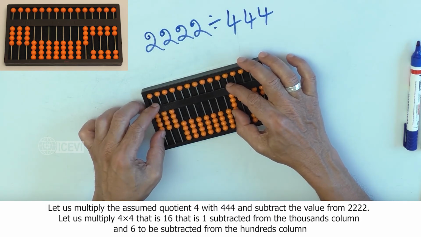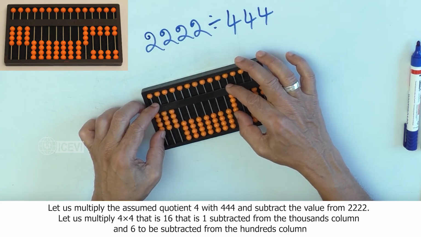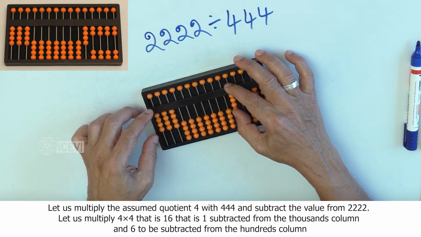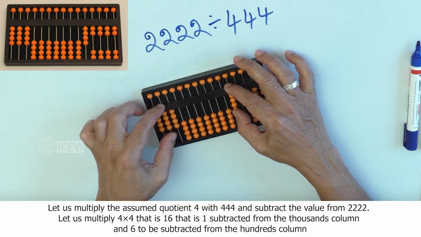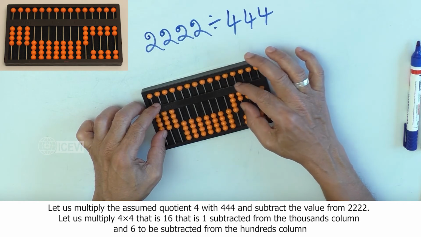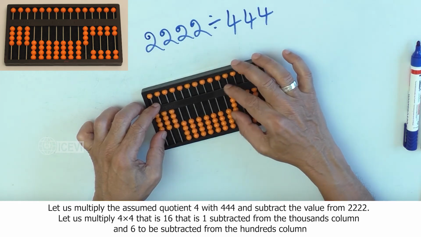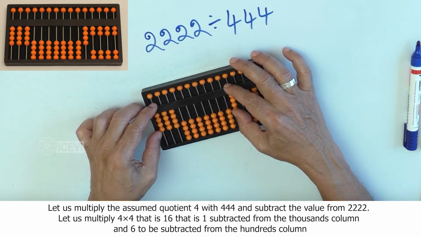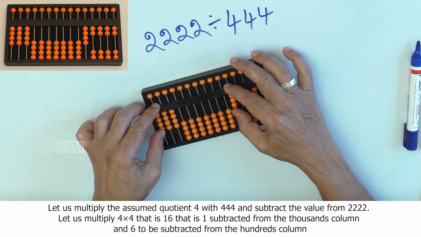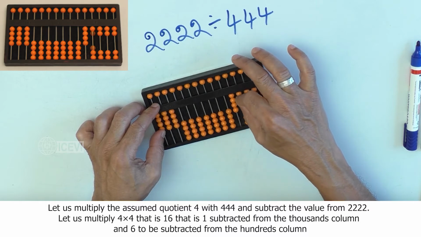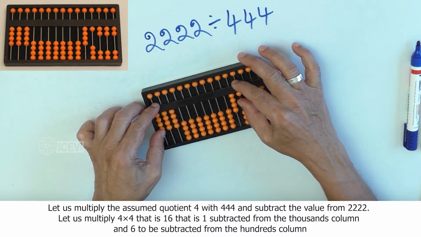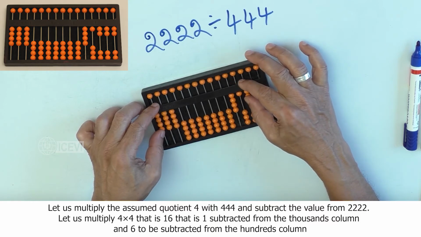Let us multiply the assumed quotient 4 with 444 and subtract the value from 2222. Let us multiply 4 with 4, that is 16. That is 1 subtracted from the thousands column and 6 to be subtracted from the hundreds column.